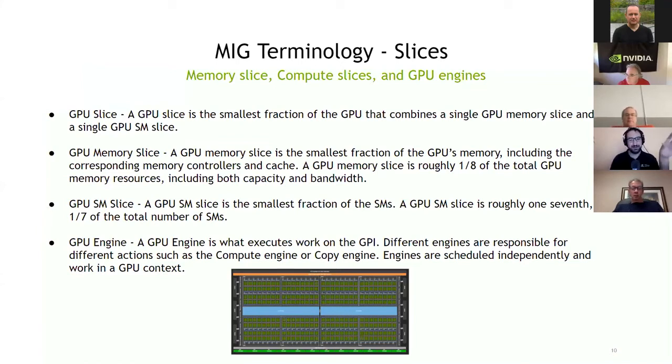But one other thing to mention is that you do lose some performance when you enable MIG mode. There are 8 memory slices and 8 SM slices, which is the bulk of compute. But with MIG mode enabled, you can only use 7 SM slices, and that last SM slice ends up being used for some MIG overhead.